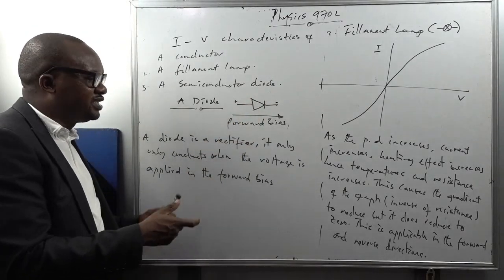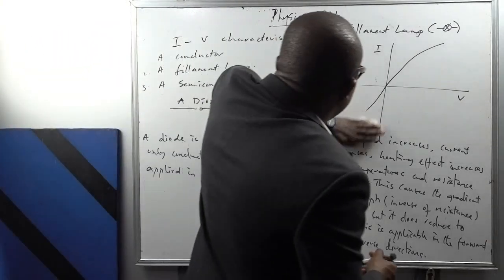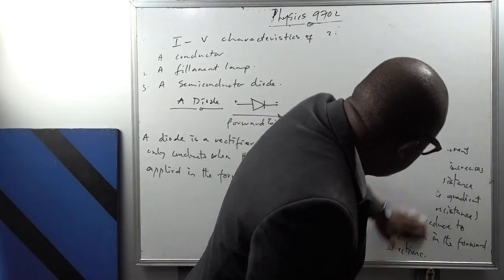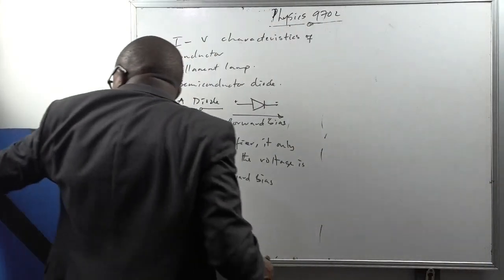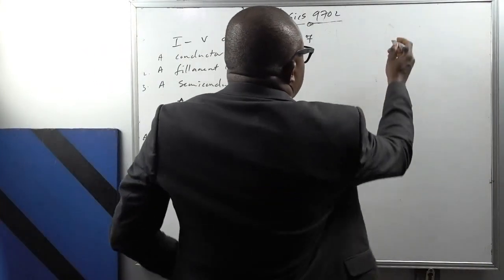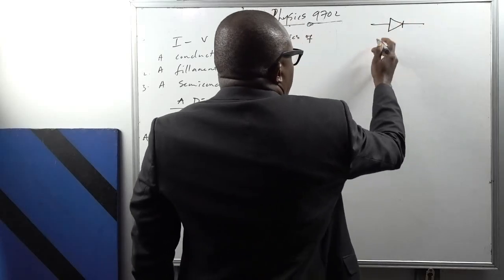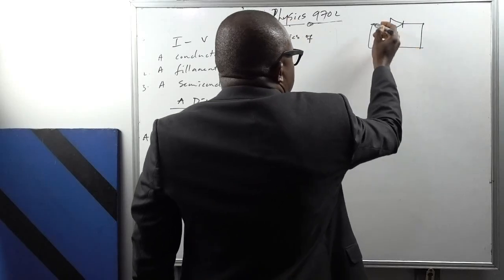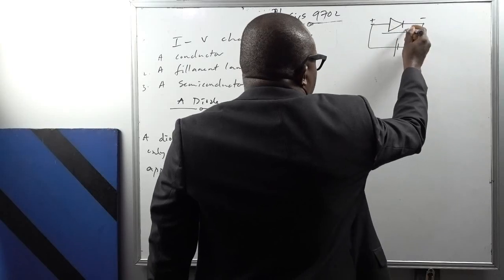If the voltage is reversed, for example, look at this. So we said that a diode only conducts when the voltage is applied in the forward bias, meaning that this end is positive and this end is negative, so the diode conducts.